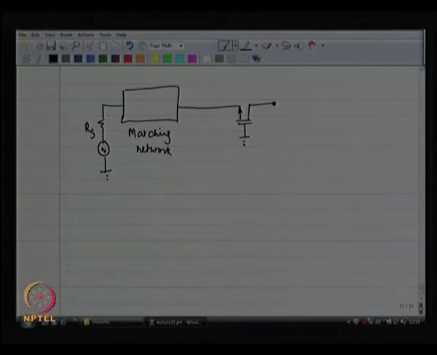Can we do the common gate amplifier instead of what we were doing earlier? This is feasible. In fact, this can be done.